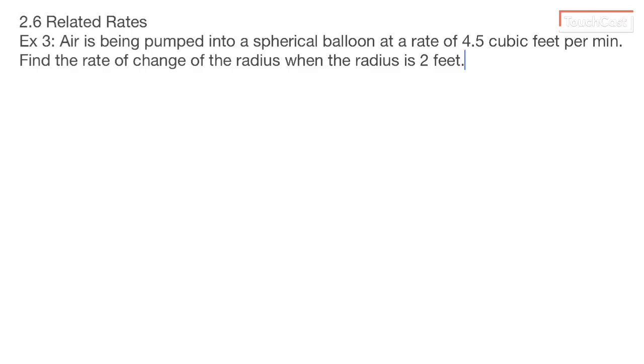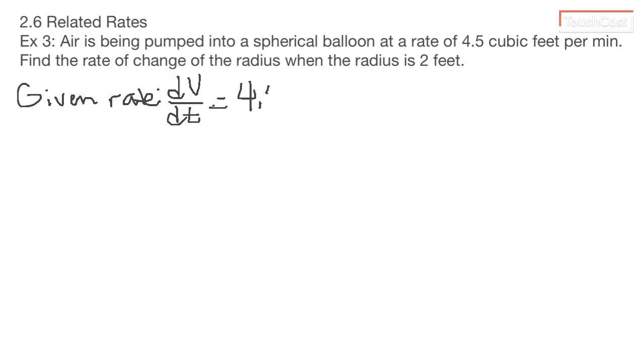So, when I am writing the things that I know and need to find, I'm going to start with what we're given. My given rate: we know that dV/dt, the change of volume over time, is 4.5 cubic feet per minute.